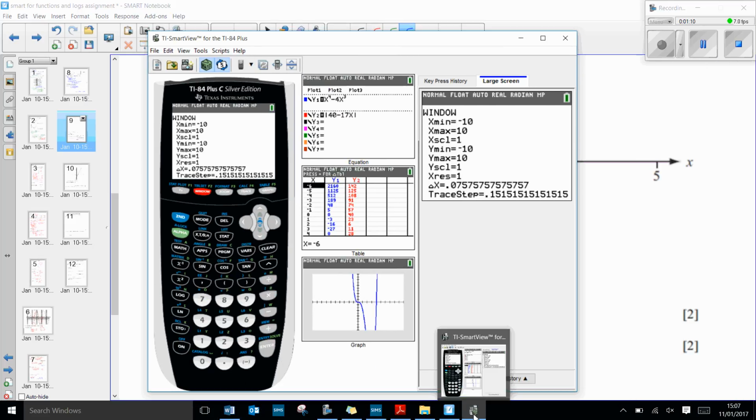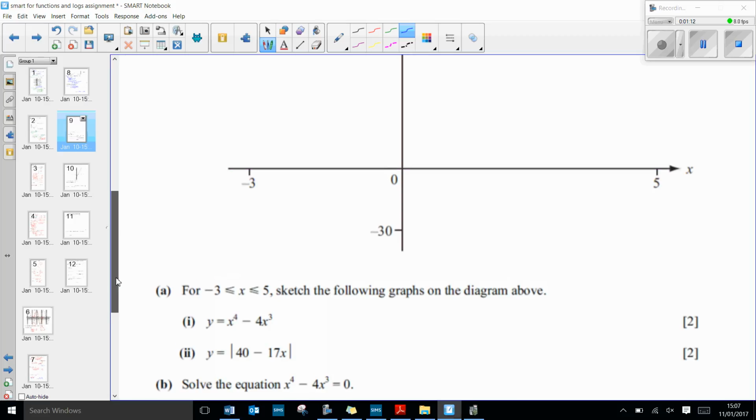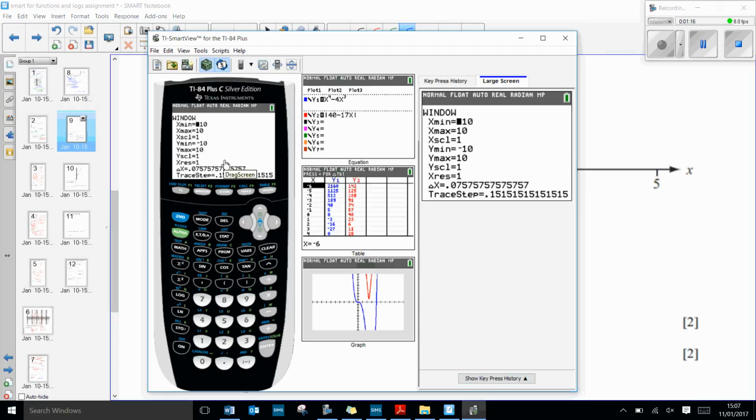graph paper. So we've got x values from -3 to 5, and I'm going to go up in 1, so that's what this means.